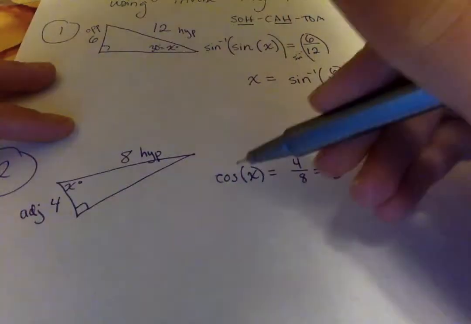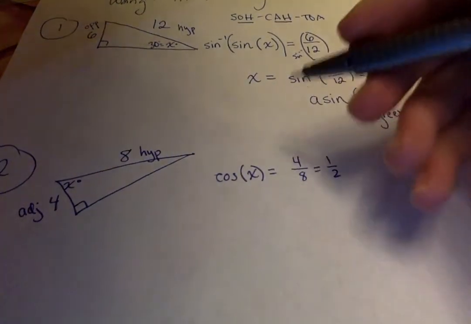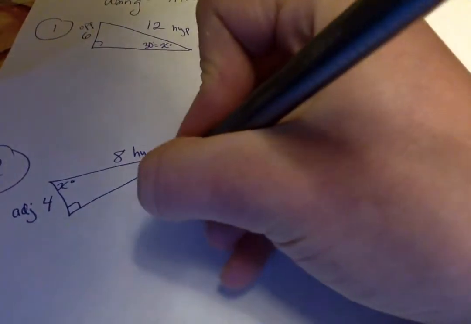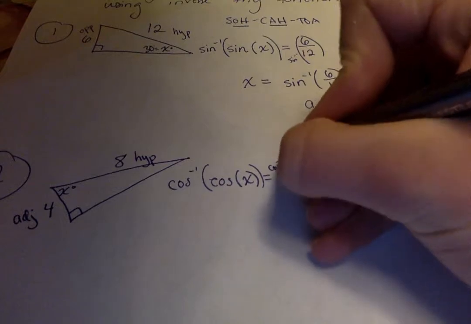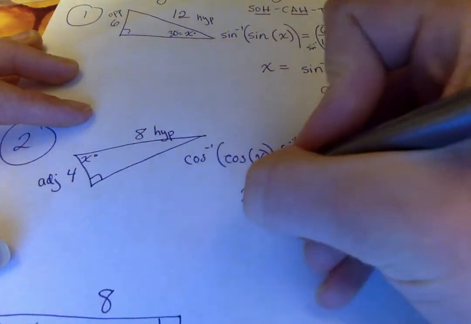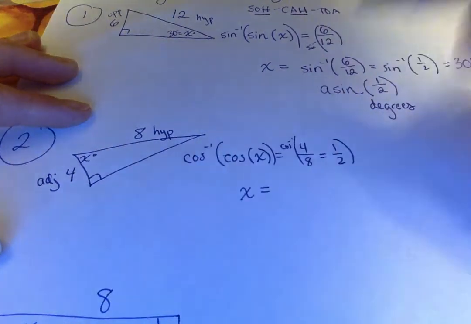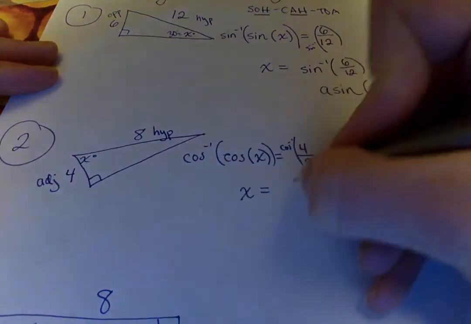However, since cosine of x is 1/2, I'm going to have a different measure than I did before. So when I take the inverse cosine on both sides, I write that by writing cosine to the -1 power. That means I get just back to x because these are inverse functions. Inverse cosine undoes cosine. I get back to my x value.